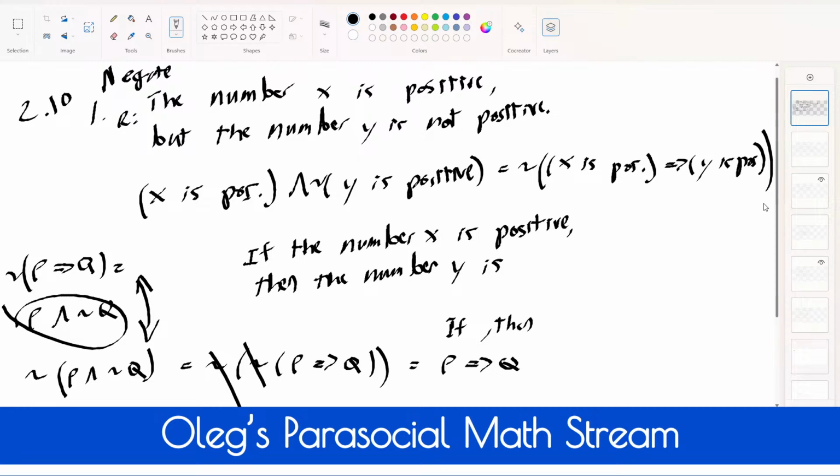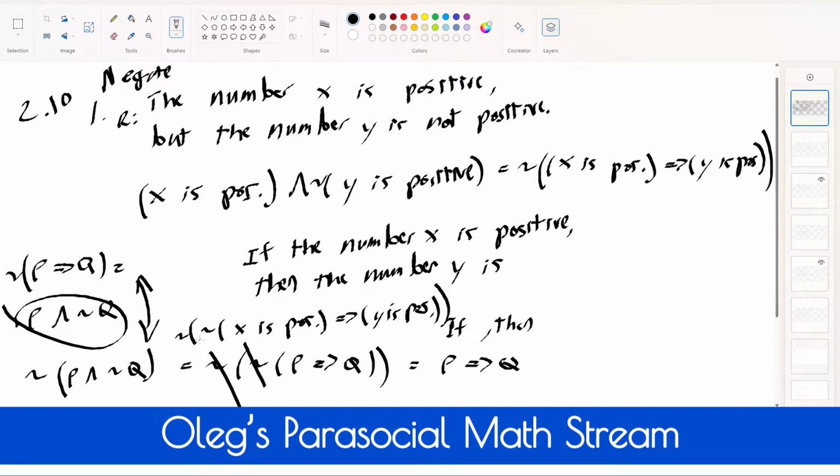Hang on a minute. Right, sorry. Not X is positive implies Y is positive. So yeah, that should be that. And then if we have that not, now we go down here, we're going to say not X is positive, which implies Y is positive.